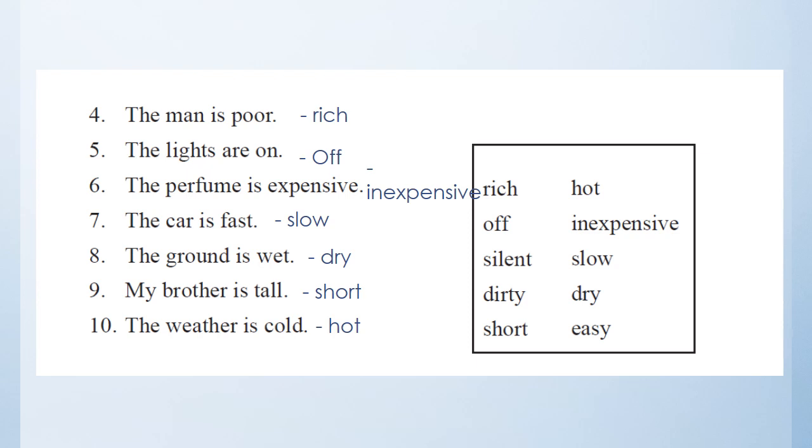The lights are on. Here on, opposite word off. The perfume is expensive. Opposite word inexpensive. The car is fast. What is the opposite word for fast? Slow.